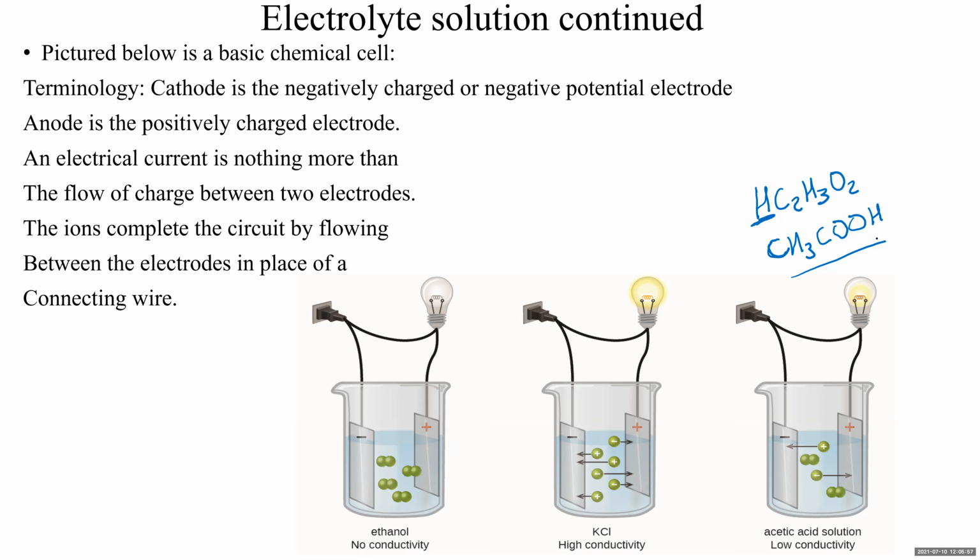What does that mean exactly? Look at the bulb. A weak electrolyte produces a dim bulb. A strong electrolyte will produce a bright bulb, a brightly lit bulb. And a non-electrolyte, no current. So no light coming from the bulb. The bulb remains off because the circuit is not completed, meaning there is no connection between the two electrodes.